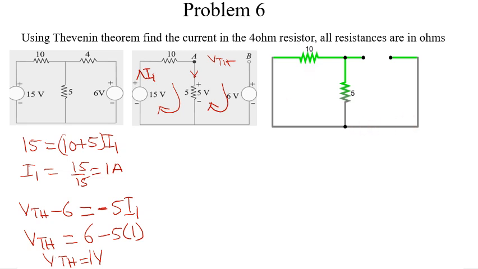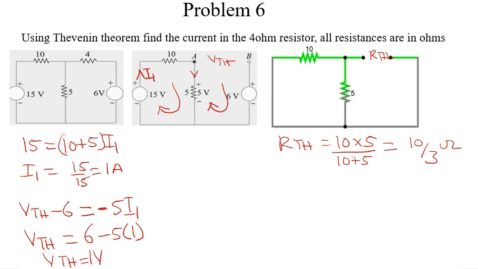So finding RTH, we look through these terminals. Then we realize that the 10 and 5 are in parallel, so RTH is equal to 10 times 5 over 10 plus 5, which is equal to 10 over 3 ohms.